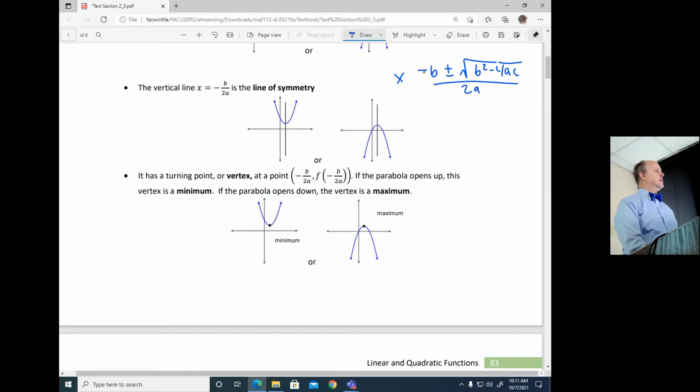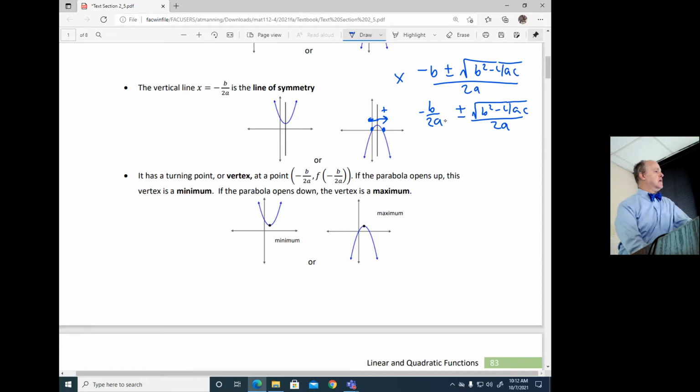Do you see that where it crosses is going to be negative b over 2a plus or minus the square root of b squared minus 4ac over 2a, meaning negative b over 2a, there's the plus side, there's the minus side. It's going to cross exactly two sides of negative b over 2a.